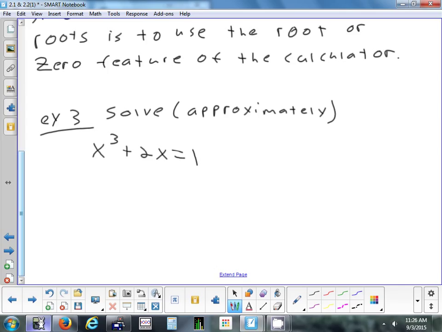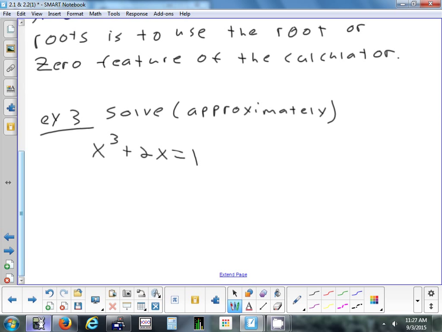Okay, this is a cubic. We don't have a formula to solve it exactly, so we're going to have to graph it. We actually could do some factoring here. Since they both have an x, we could factor an x out and make it into a quadratic. But it just says to solve approximately.